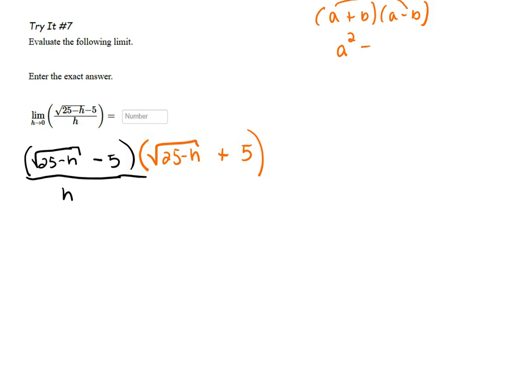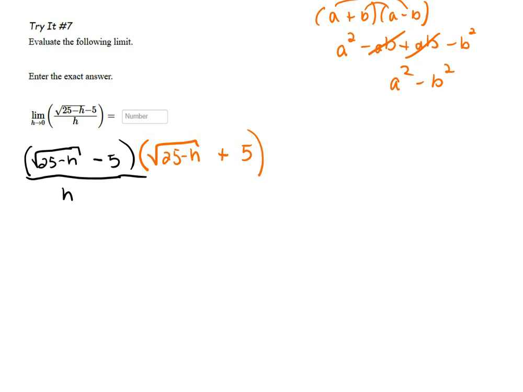Your outsides are negative ab, your insides are positive ab, and last times last is negative b squared. But those insides and outsides always cancel out, so you're just left with a squared minus b squared, a difference of two squares. Whew. And that is how you get rid of a square root sign that is part of a binomial like that.